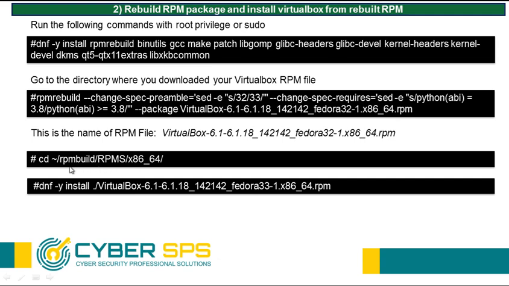In my case, I did this in this folder, so I expect that all my files are also in this folder. So I go to this folder, and then I try to install this Fedora package, which is the rebuilt version of that.